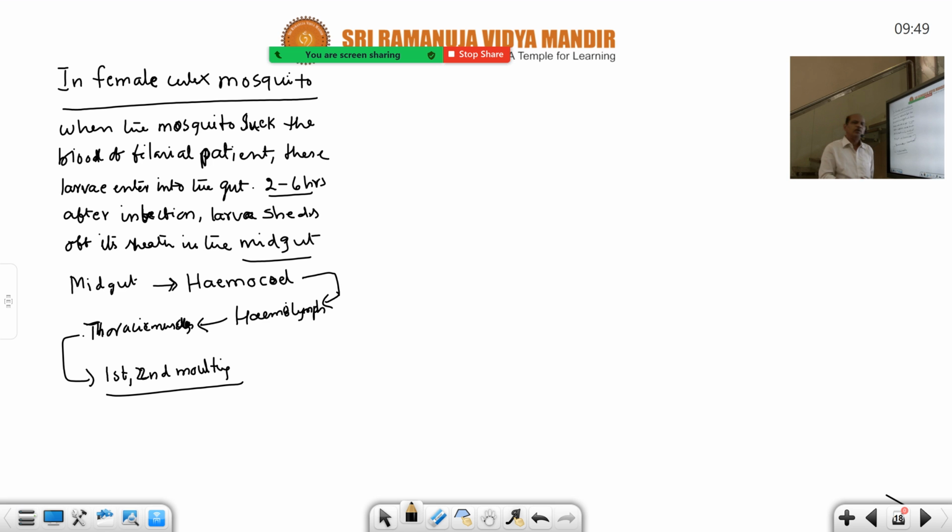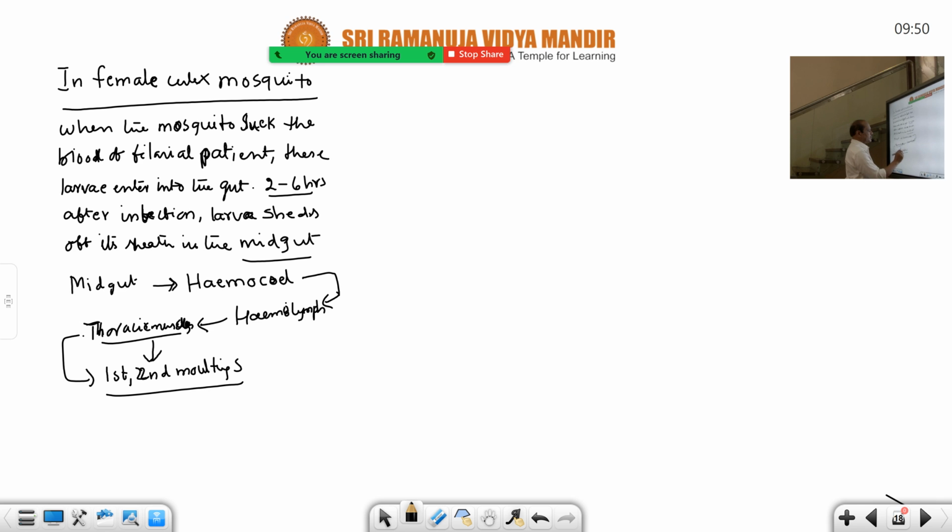But areas of moltings may change from parasite to parasite. In Ascaris, first molting occurs where? Already we have it: very good moist soil. Second and third moltings occur in the alveoli of lungs. Fourth molting occurs in the small intestine of man. Like that. Here in the thoracic muscles, please note down this very important point: first and second moltings occur.